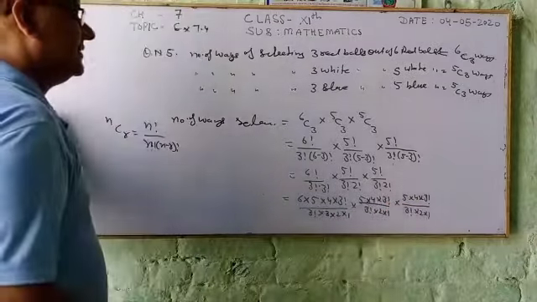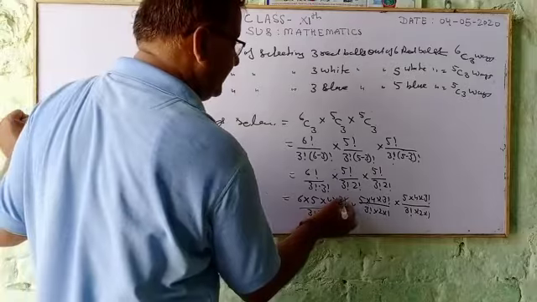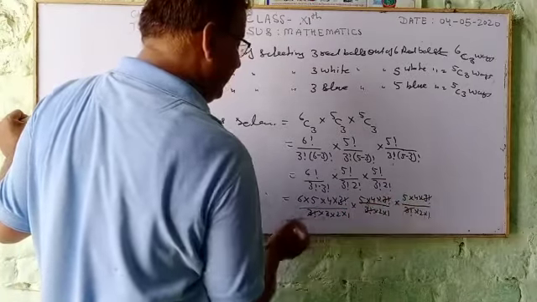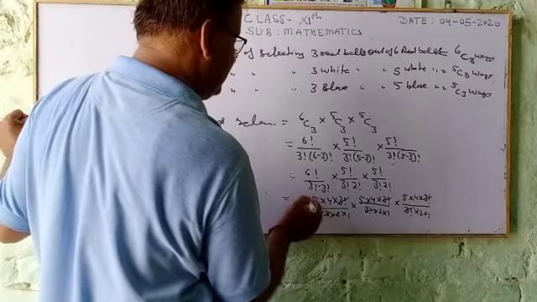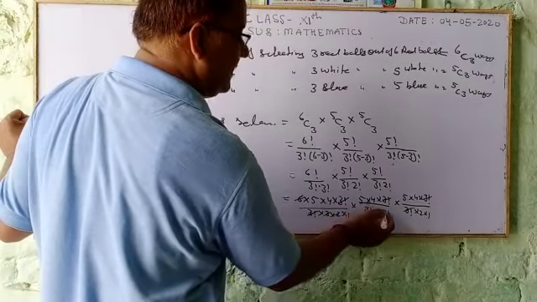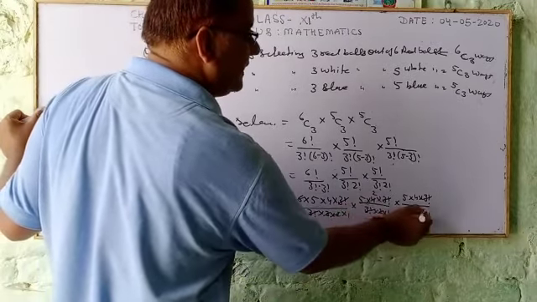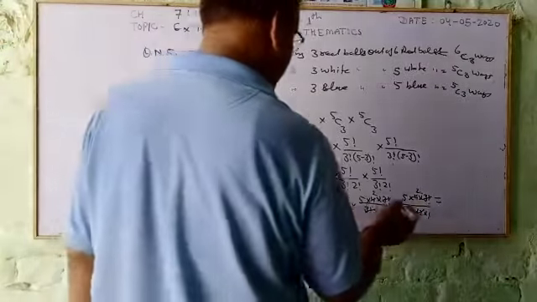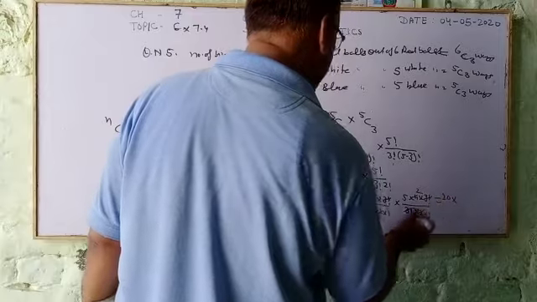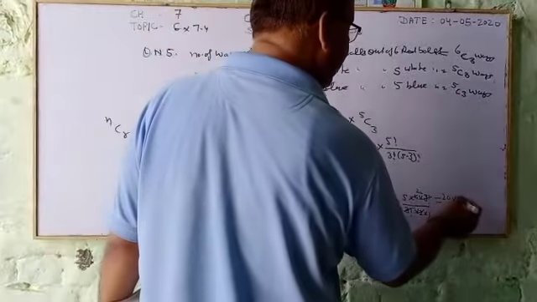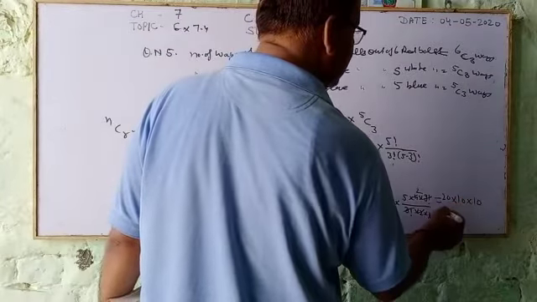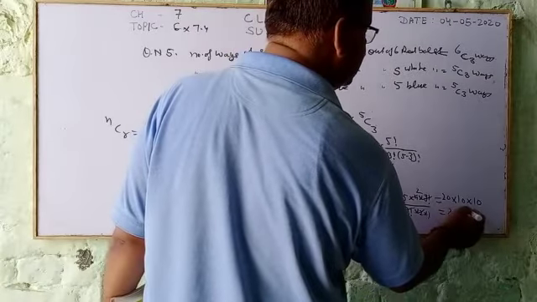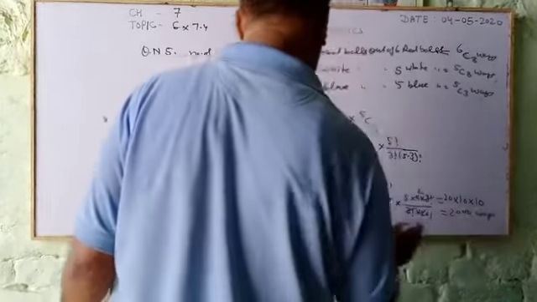So cancellation of the factorial terms. We also cancel 3 twos are 6, and 2 twos are 4, and 2 twos are 4. Remaining terms 5 fours are 20 into 5 twos are 10 into 10. So this is equal to 2000 ways.